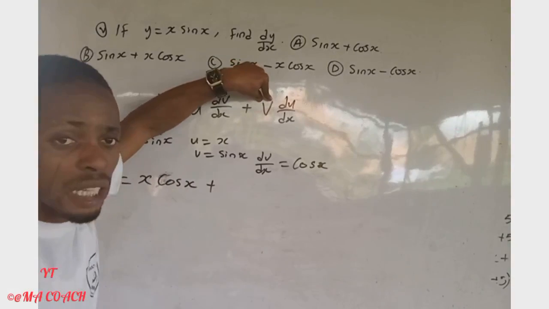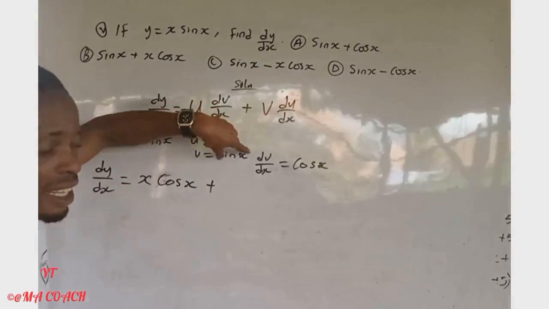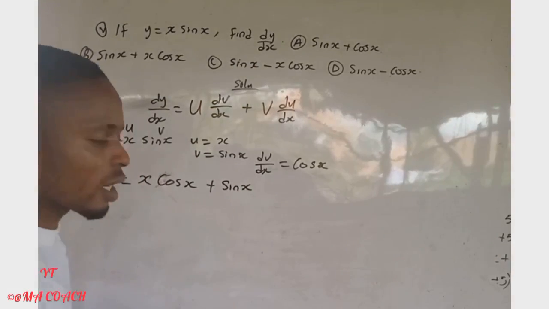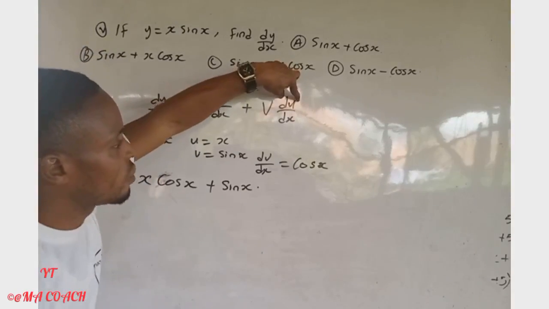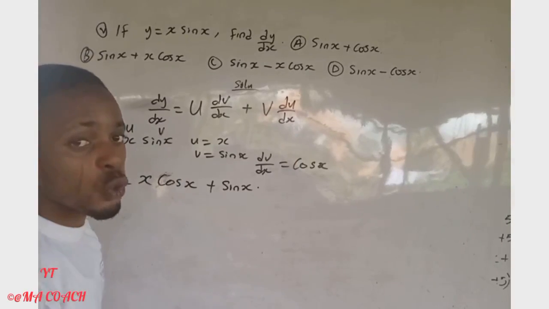you leave v constant. You write v, meaning we leave it constant. Our v is equal to sine s, so here we have sine s, multiplied by du ds. So you differentiate u with respect to s.